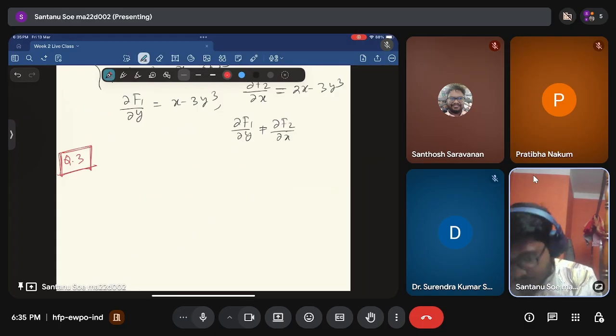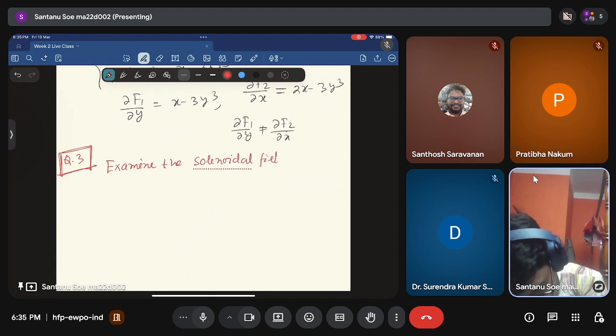So examine the solenoidal field out of the following.